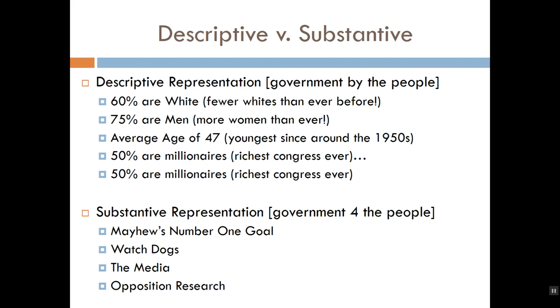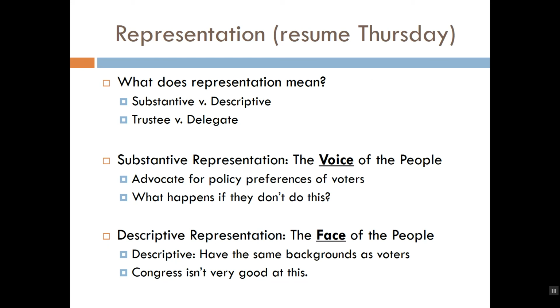So, on the whole, Congress doesn't provide very good descriptive representation, and there are a couple of reasons why this might be problematic. The first reason it might be problematic, according to proponents of descriptive representation, is that it could potentially send a message to, say, young women and minority children, telling them that government and leadership are the domain of whites or of men.